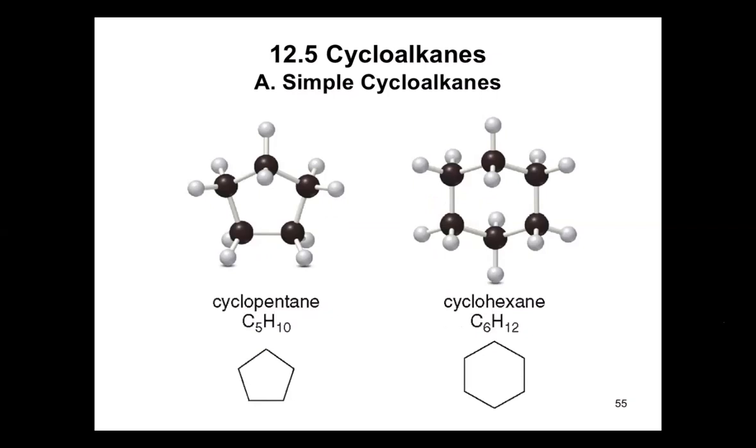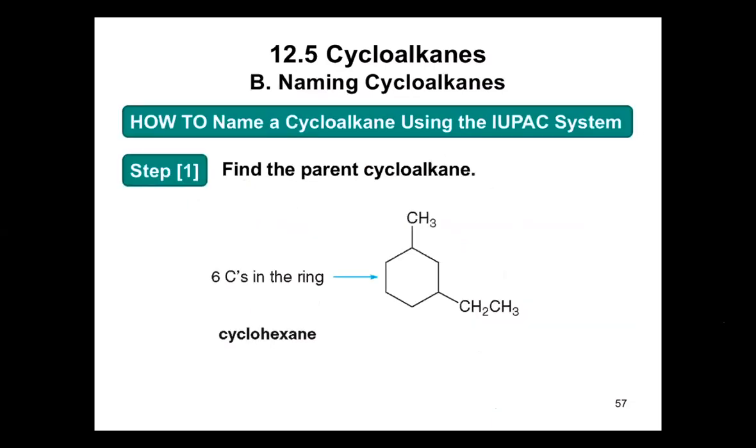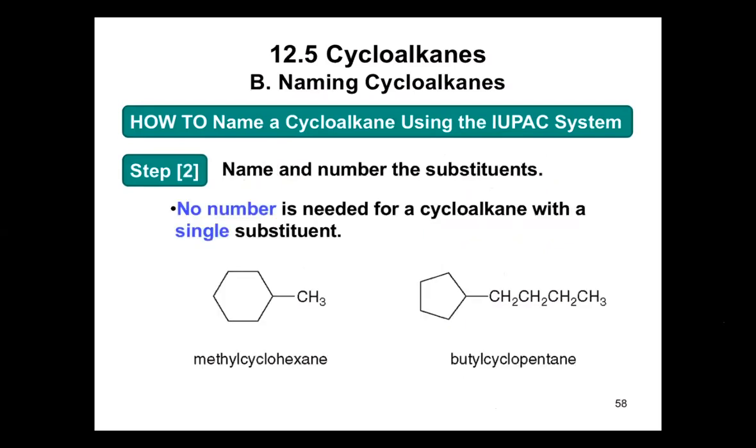Okay? If ever na sa compound may present na mga substituent, how you name yung acyclic alkane, almost the same din naman with cyclic alkanes. Okay? Yung una muna, of course, find the parent cycloalkane. In this example, you have here a 6 carbon ring, kaya cyclohexane. Okay? After that, name and number the substituent.